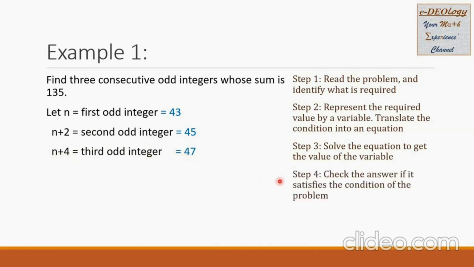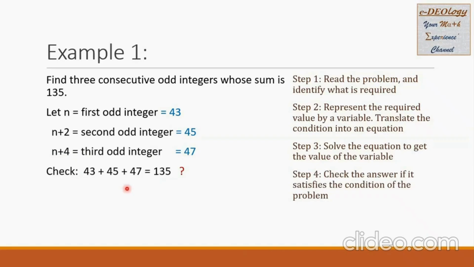For step 4, we will check the answer if it satisfies the condition of the problem. So if we're going to add these three odd integers and they are consecutive, the sum must be equal to 135.